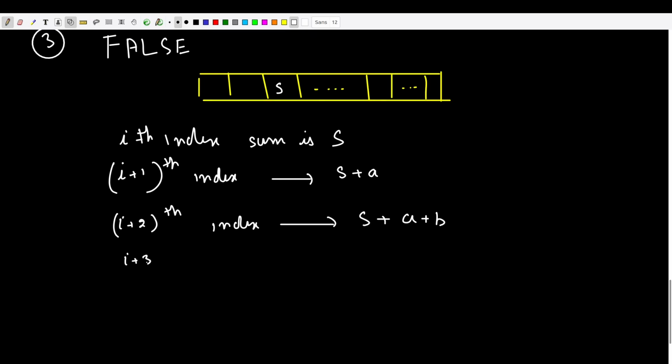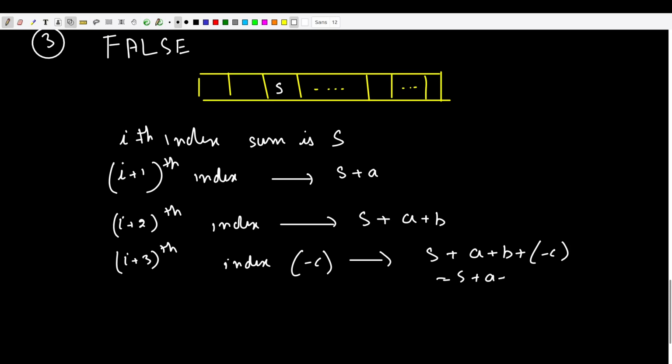Let us say that at the I plus 3th index there exists a minus C element, a negative element. So in that particular case, this becomes S plus A plus B minus C. And let us say at the I plus 4th index there exists a negative element, because of which this sum becomes S again.